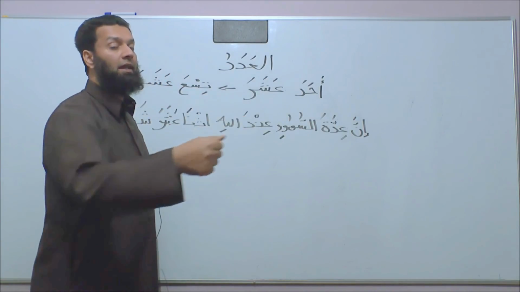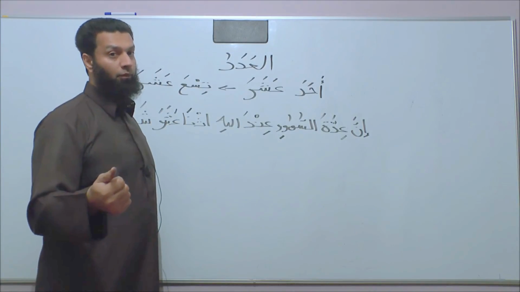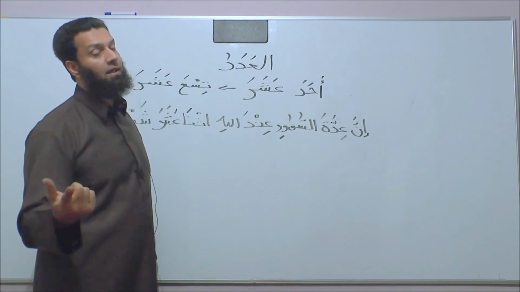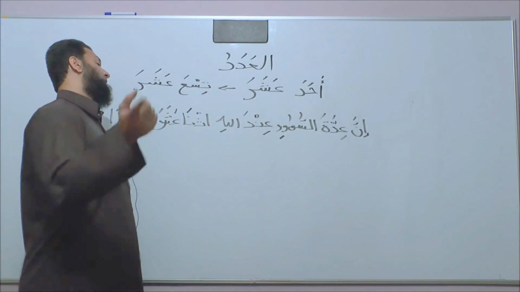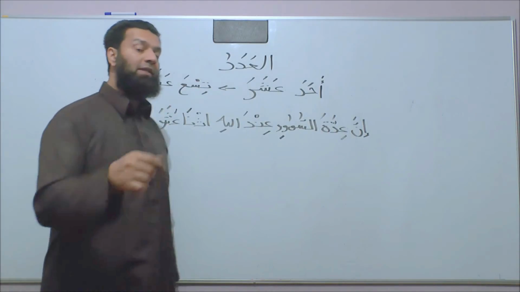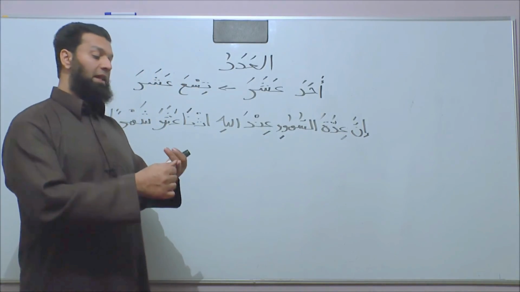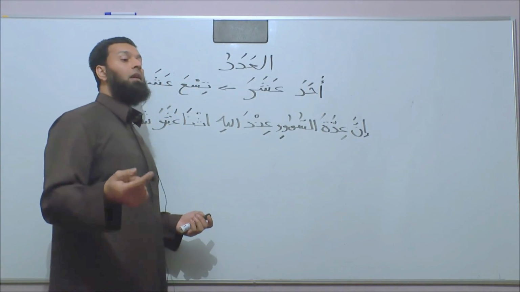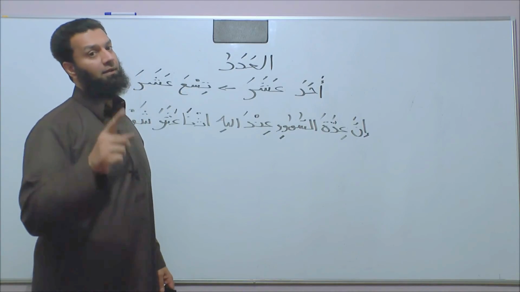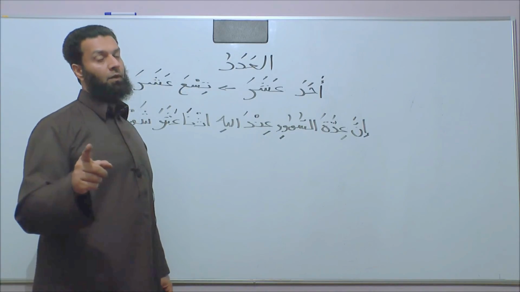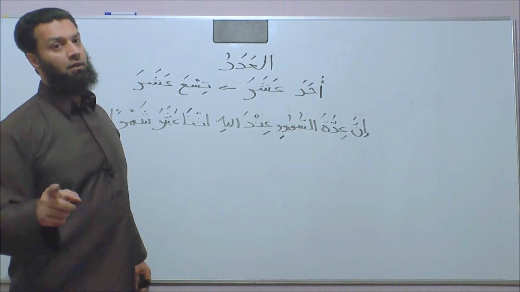There's ithnani and ithnaini. Ithnani, the indicator of it being marfu' is the alif. And ithnaini, the indicator of it being mansub and majrur is the ya. Right? So that's another rule with 12.